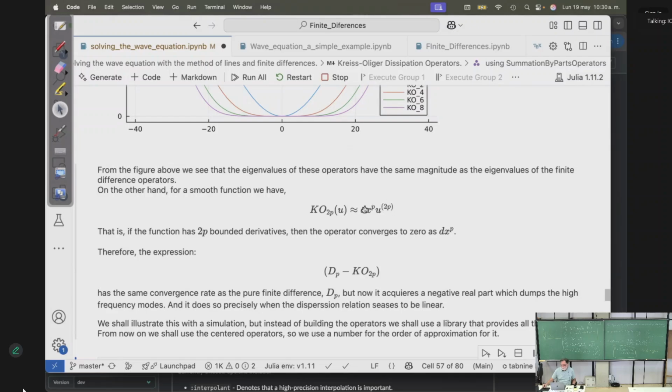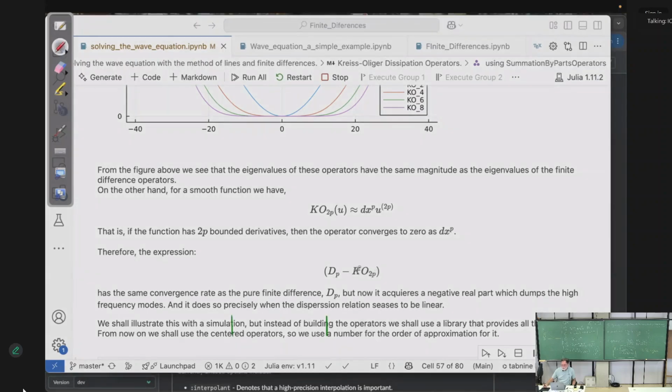So this applied to a smooth function will be like delta x to the p times the 2p-th derivative of u. So if this is a nice function with bounded derivatives, this is going to go to 0 like delta x to the p.